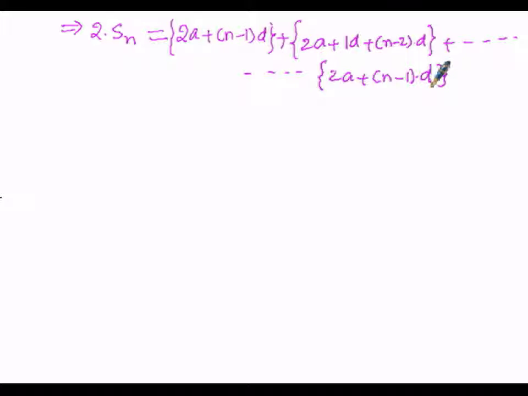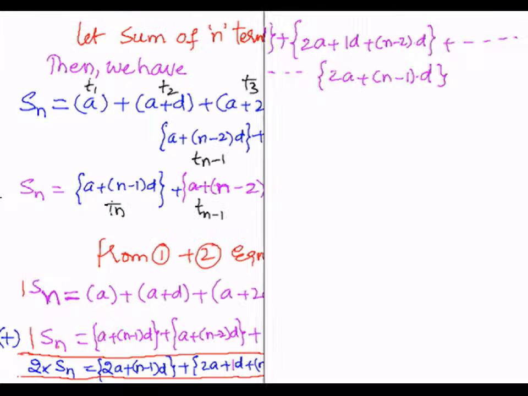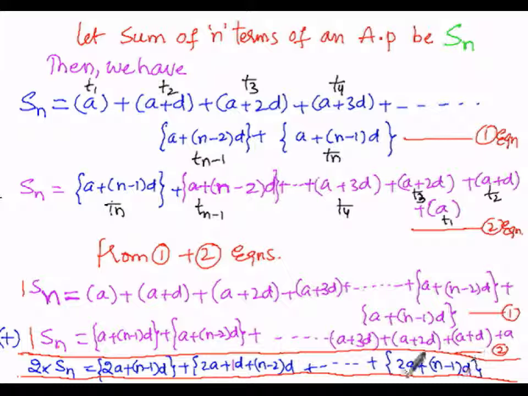As per the previous logical step, the last term is 2a plus n minus 1 into d.